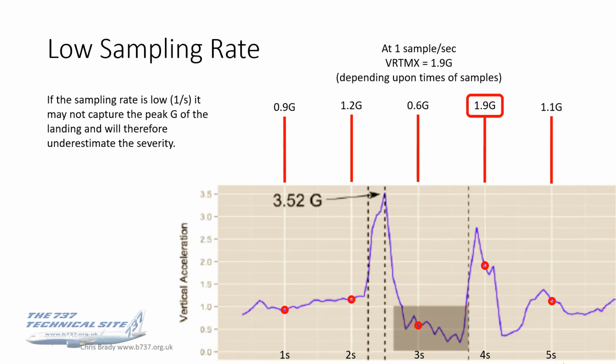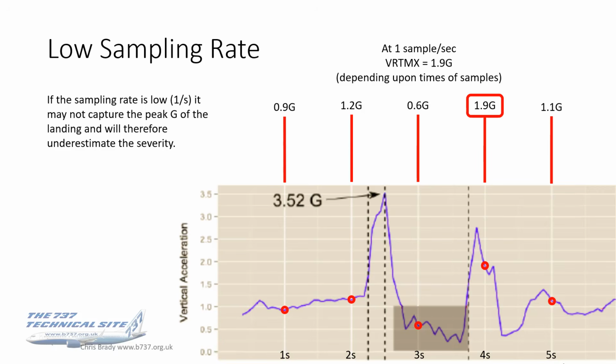What I've done is I've superimposed on that 5 red lines which are occurring once every second, and you can see that depending on the time at which those 1 seconds fell, I've got readings there of 0.9 G, 1.2 G, 0.6 G, 1.9 and 1.1. The actual peak G was believed to be 3.52, and this hasn't shown it.